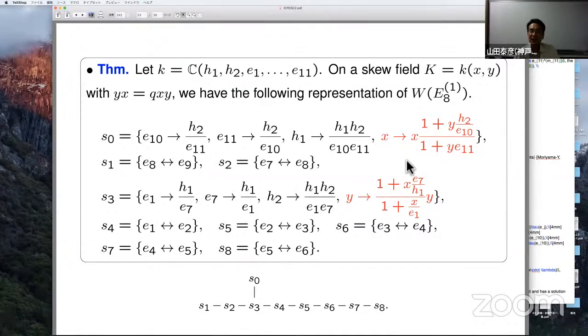And an important fact is that this transformation gives the Weyl group representation even for the non-commutative variables. So this is the first result.